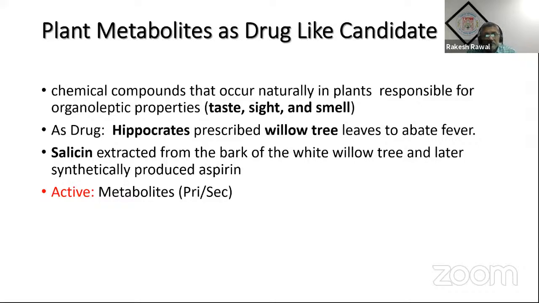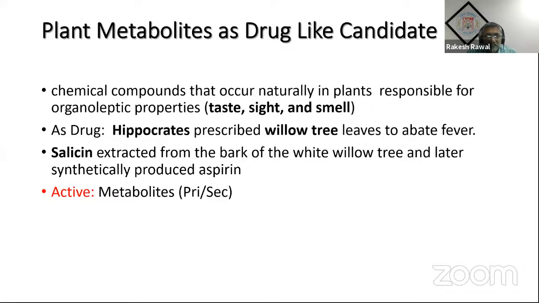Hippocrates was possibly the first one to prescribe willow tree leaves, saying that they can cure fever, right? And later on, after good pharmacological and analytical experimentation, people could find out that the active component of that willow tree leaf or the bark is rich in salicylate.